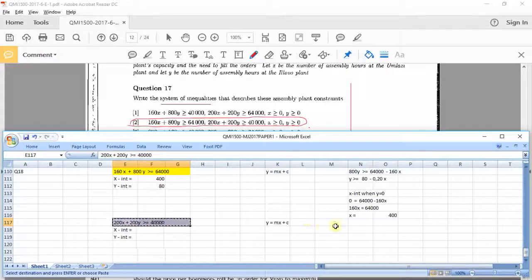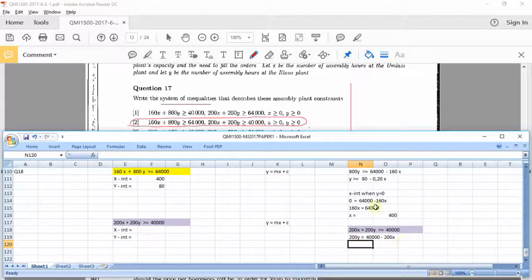y equals mx plus c. Write that down and make y the subject of the equation. So 200y equals 40,000 less 200x. Divide everything by 200. Hold on, did I make a mistake with the first one? 64,000 divided by 800 is 80.